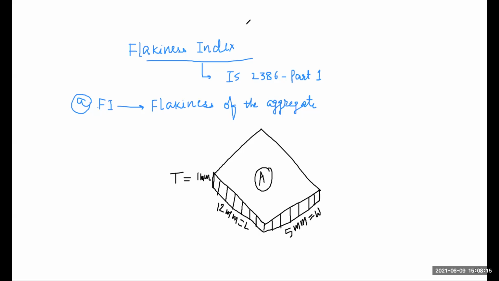You all observe here, for this aggregate our least dimension is the thickness, because thickness is 1 mm. So this is our least dimension of aggregate. You just mark, this is my least dimension.